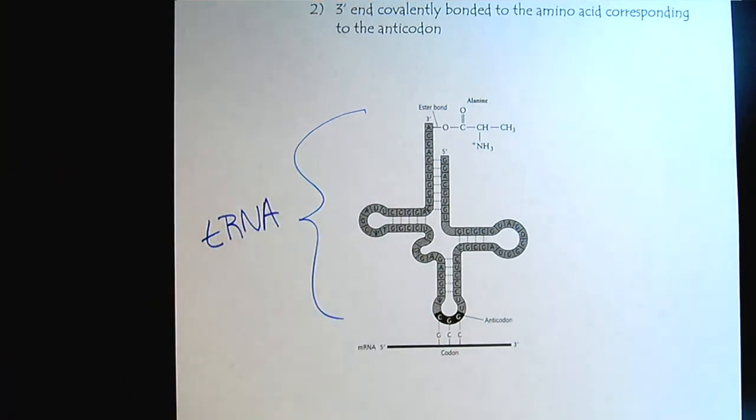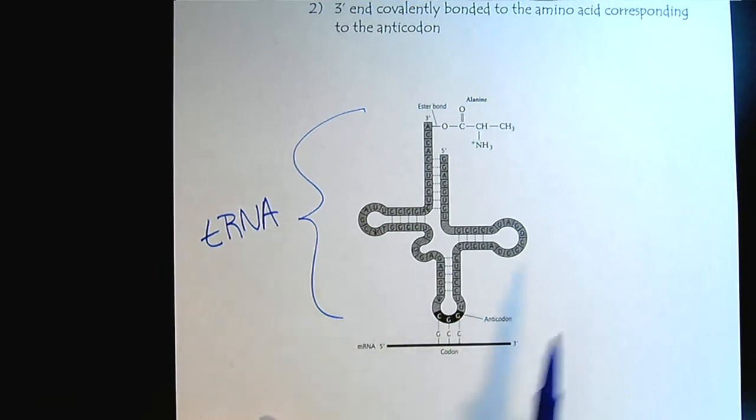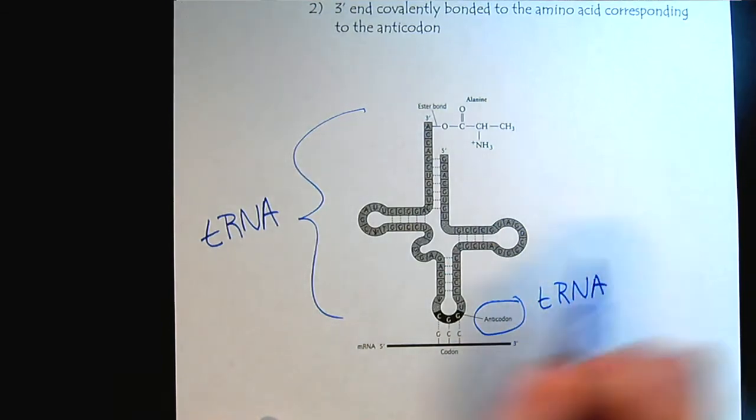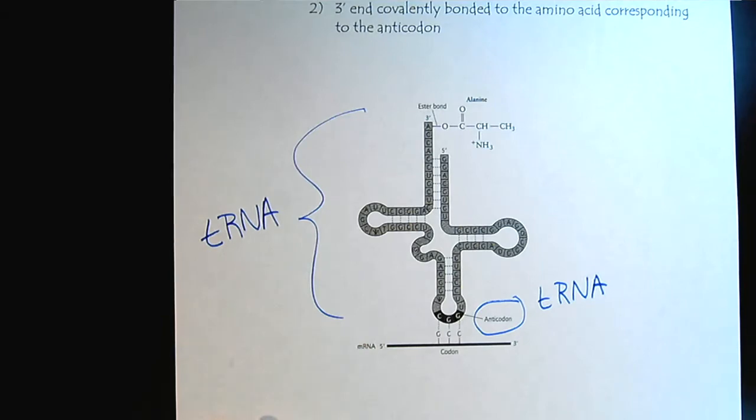The transfer RNA is very interesting. Here we have the anticodon. Whenever you see anticodon, think about the transfer RNA. When you think about the codon, you're thinking about the messenger RNA.